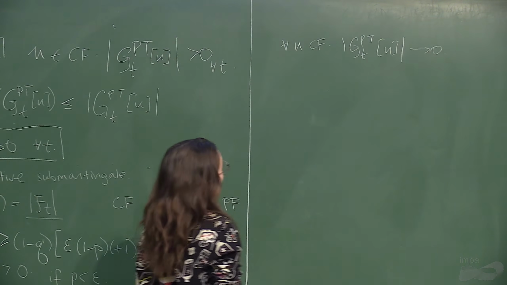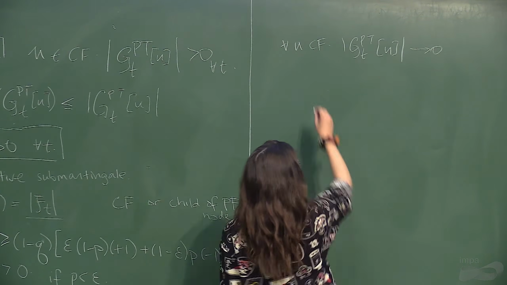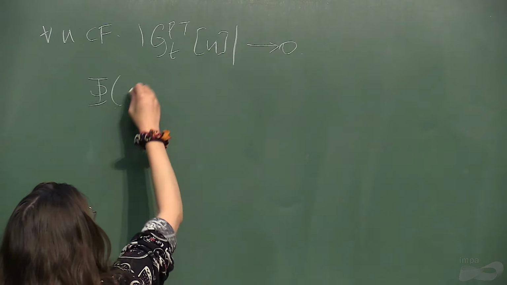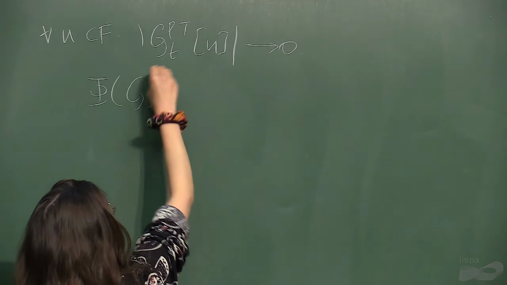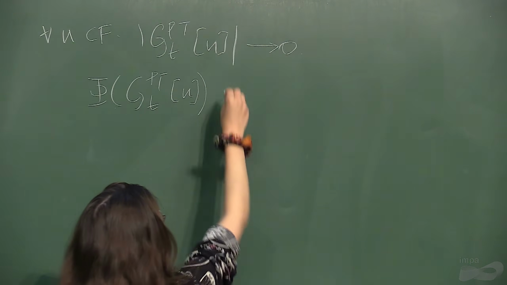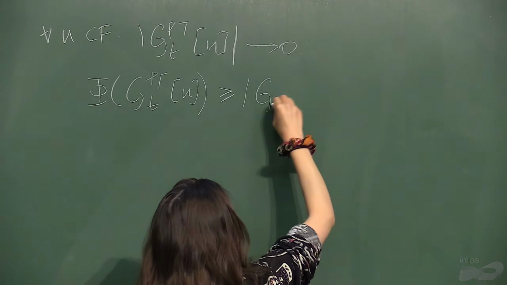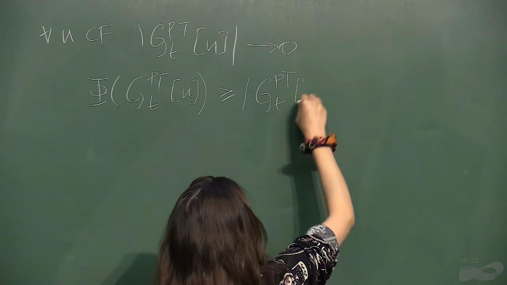And so what you do here is you design some phi that upper bounds the number of nodes and has this property.